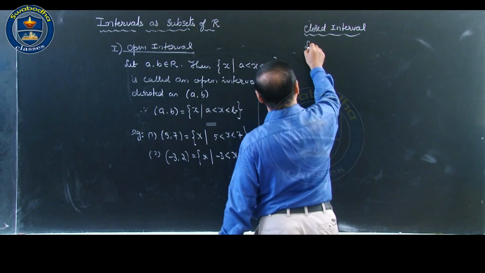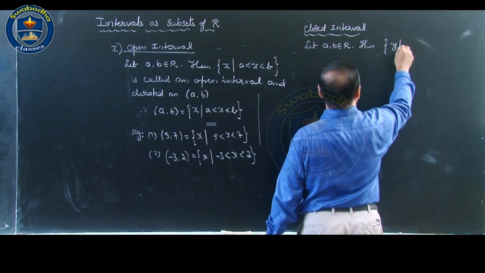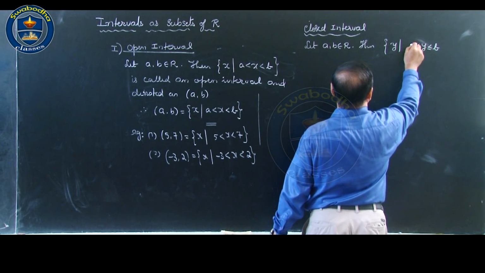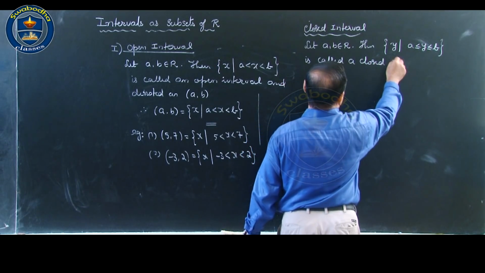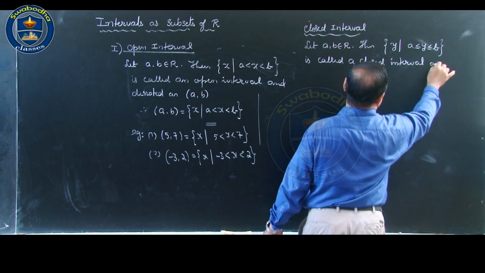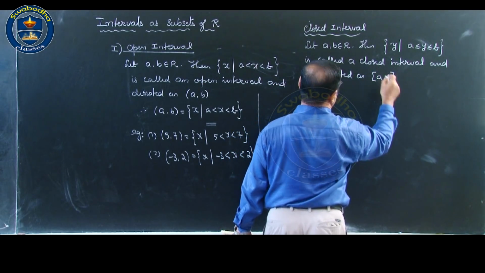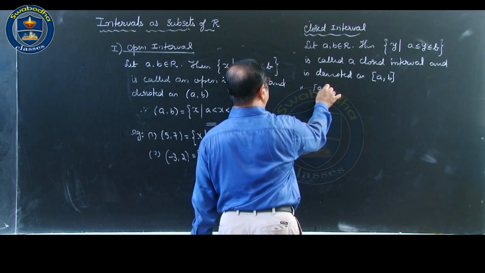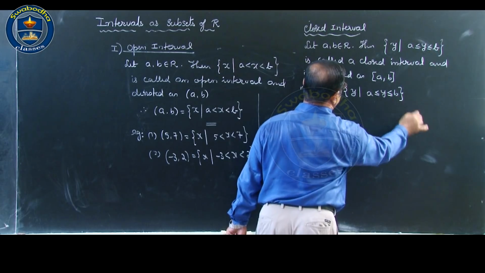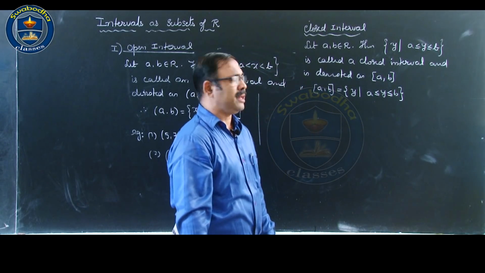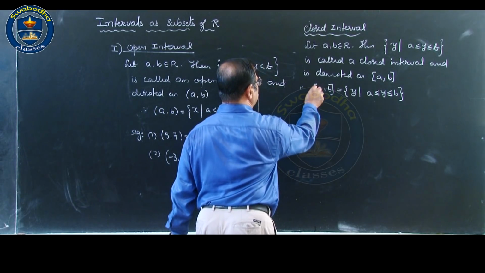So, let us write, let a, b belong to R, then the set of all y such that y is less than or equal to b and greater than or equal to a is called a closed interval, and is denoted as [a, b]. This is the representation with the square bracket. Therefore, this is the closed interval [a, b].